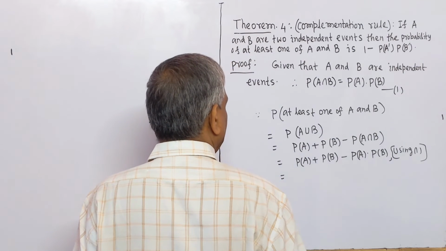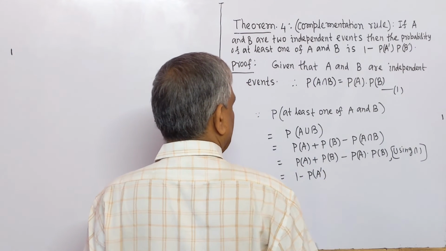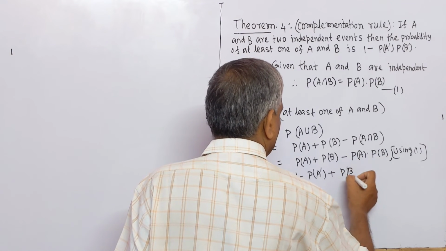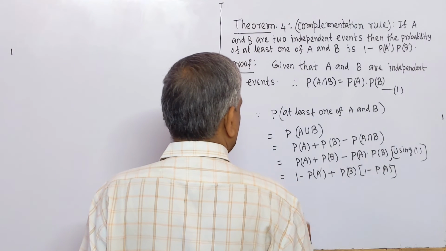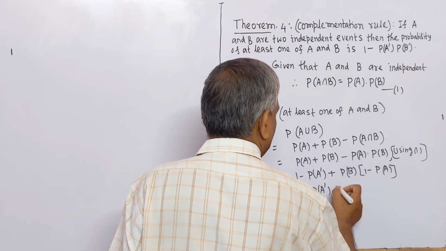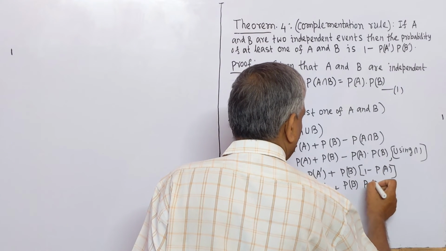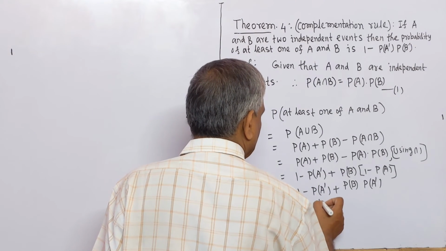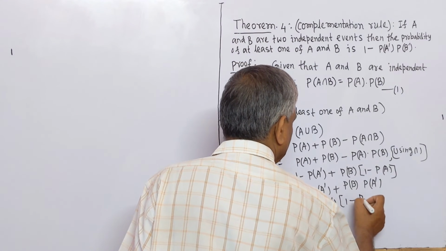And probability of A may be written as 1 minus probability of complement of A. Here we may take common probability of B, 1 minus probability of A. This is equal to 1 minus probability of complement of A plus probability of B, and 1 minus probability of A is probability of complement of A. This is equal to 1 minus, we take common P complement of A, 1 minus PB.